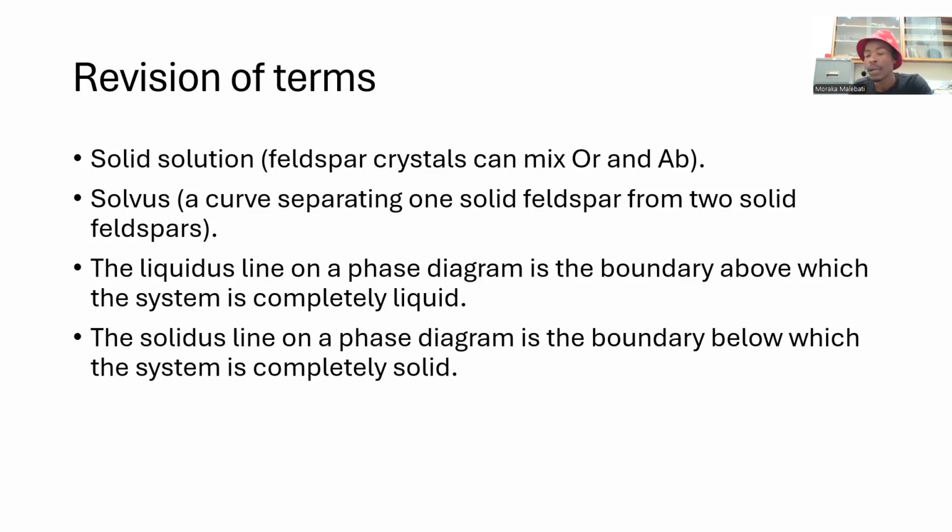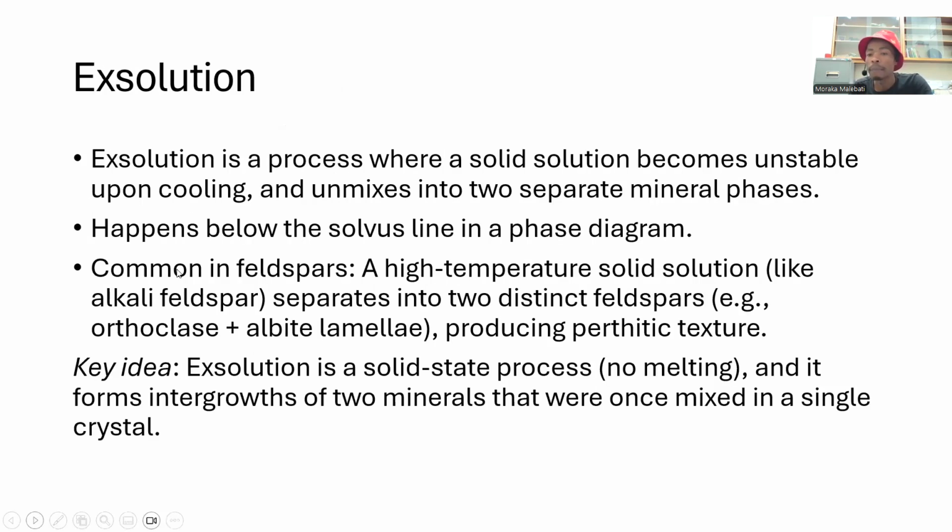Then the liquidus line is the boundary above which the system is completely liquid. The solidus line is the boundary below which the system is completely solid. So these are just some of the terms that we should remind ourselves of.